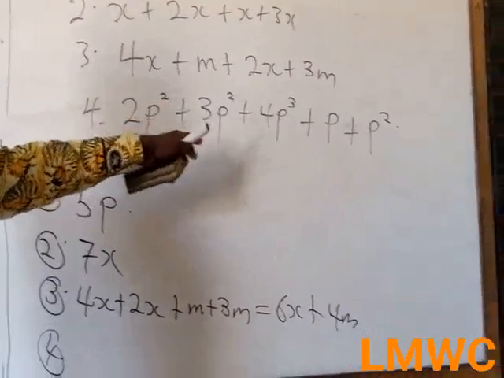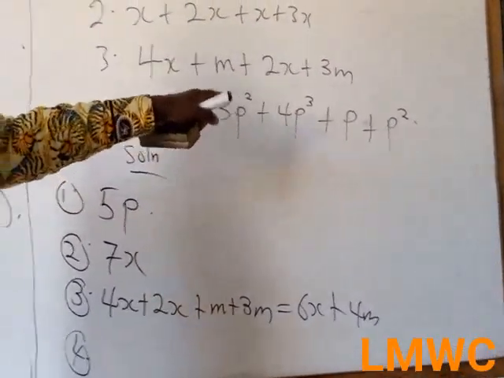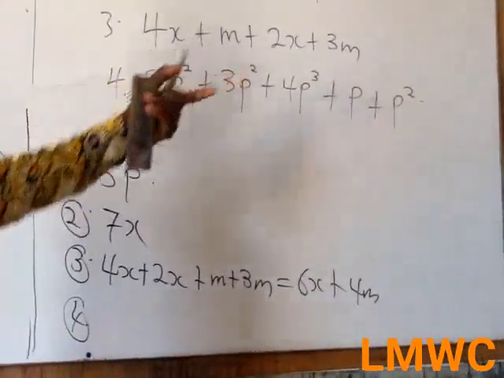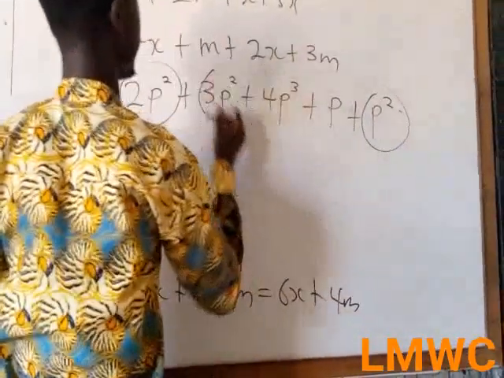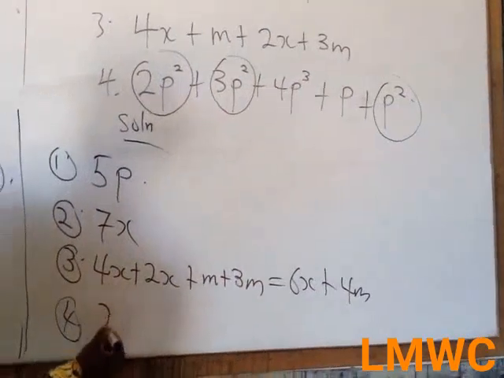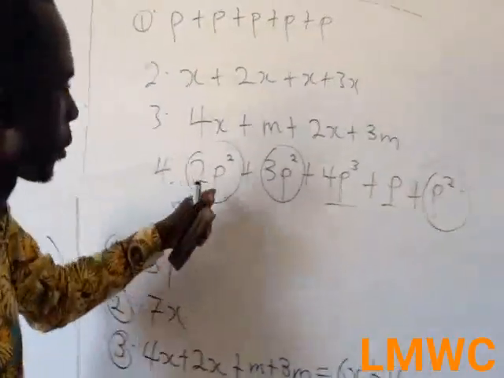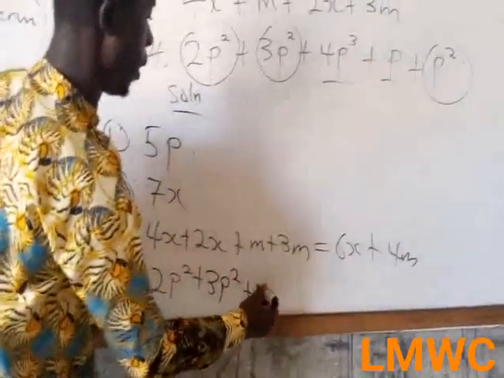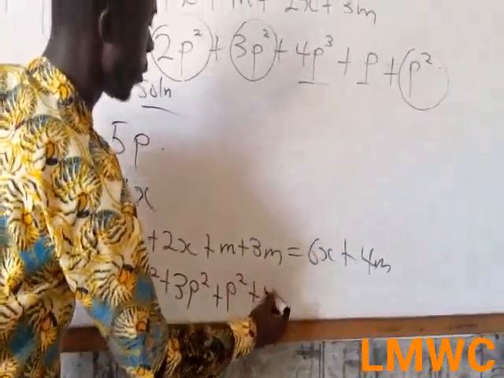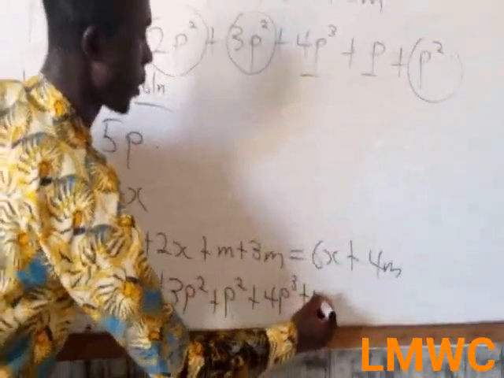4. Now we have 2p squared plus 3p squared plus 4p cubed plus p plus p squared. So this and this are like terms. So it's 2p squared plus 3p squared plus p squared, plus 4p cubed plus p.